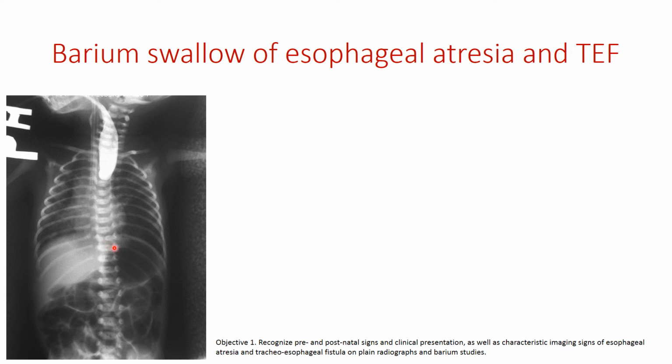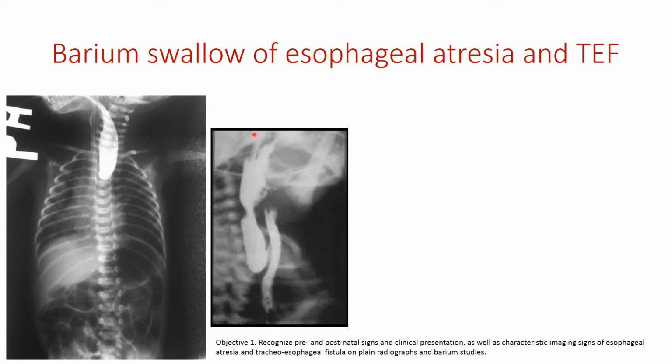So this is one of the patients with VACTERL abnormalities. But this patient has a lot of GI gas. So we know that this patient has a proximal atretic esophagus with a distal tracheoesophageal fistula. We don't see any barium going down into the lungs, so probably this patient doesn't have a proximal tracheoesophageal fistula.